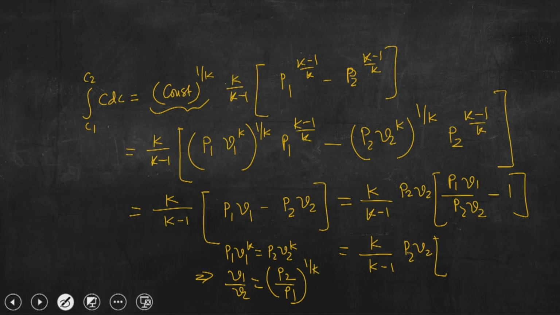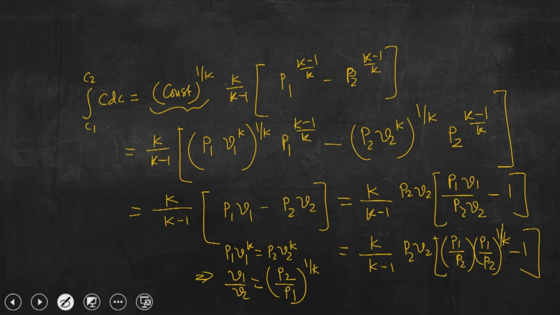So, we have P1 by P2 into P1 by P2 power 1 upon k minus 1.